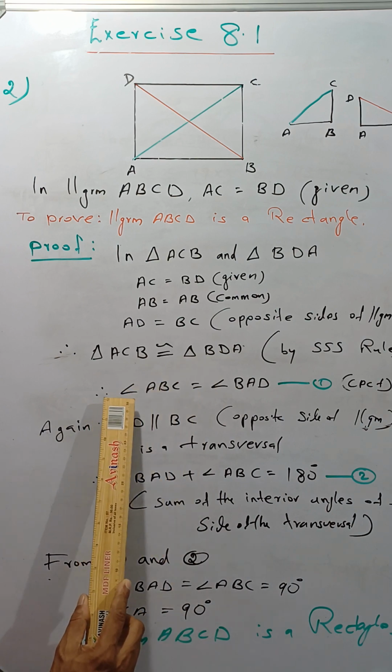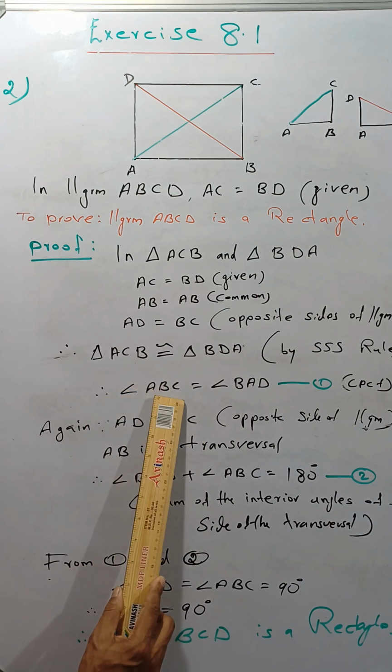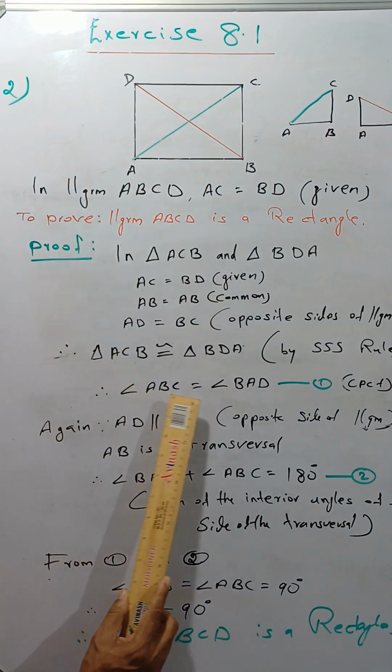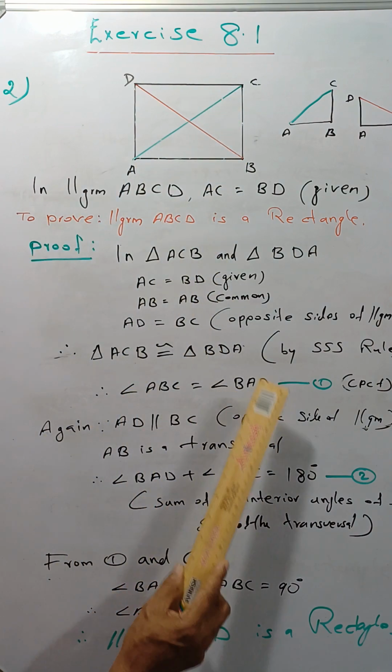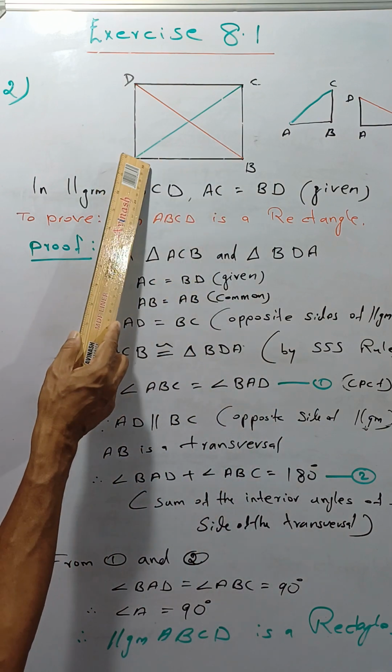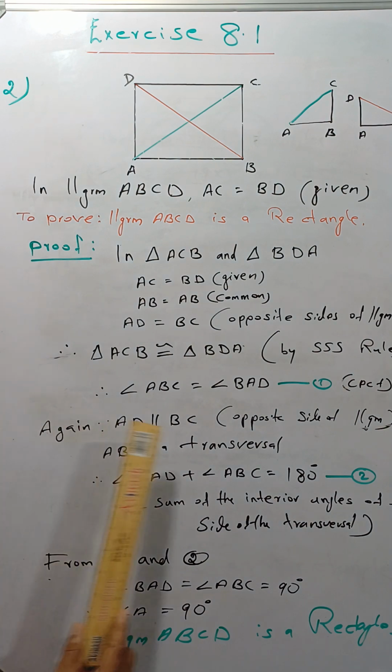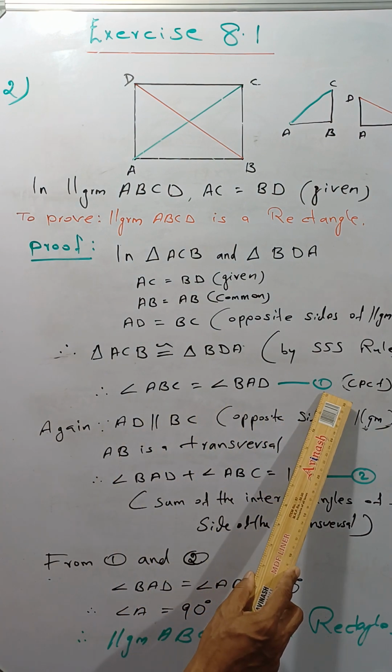Therefore we can say angle ABC and angle BAD, these two angles are equal. That is one.